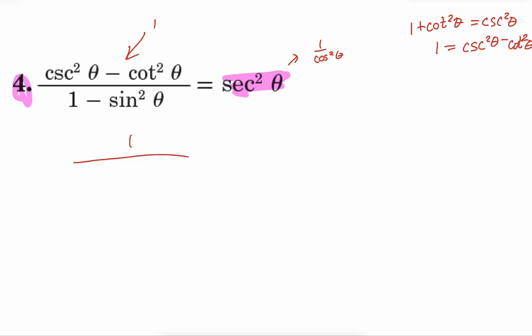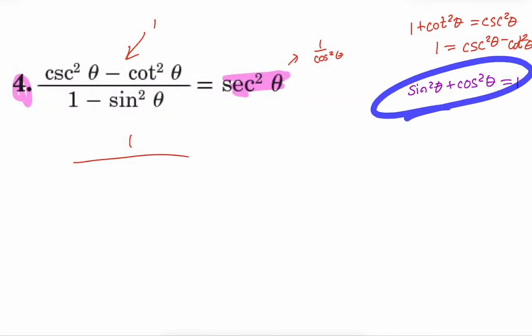Let's look at our bottom. The Pythagorean identity that contains a sine is sine squared plus cosine squared is equivalent to 1. How could I rearrange that one to get it to match right there?